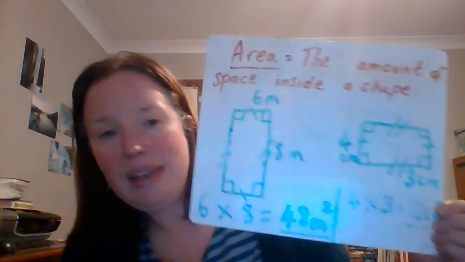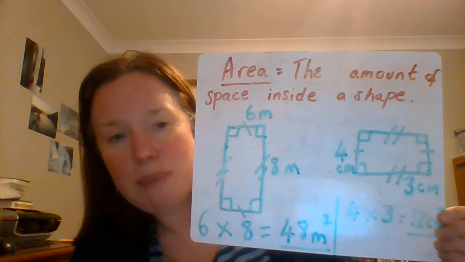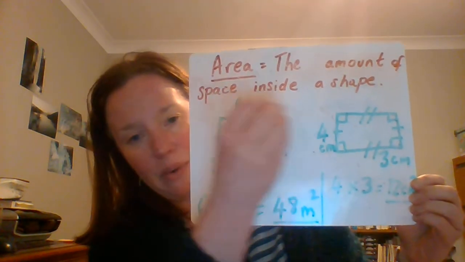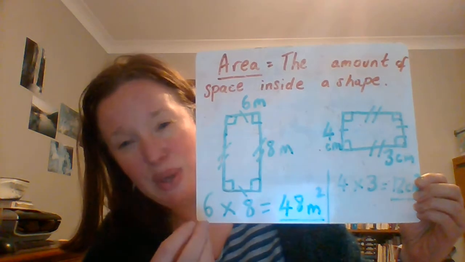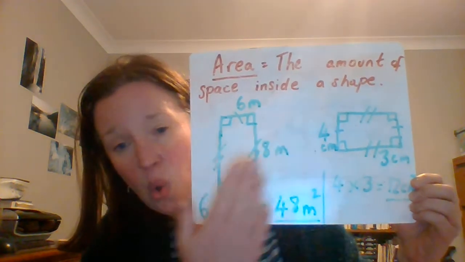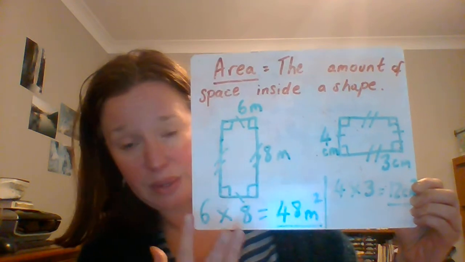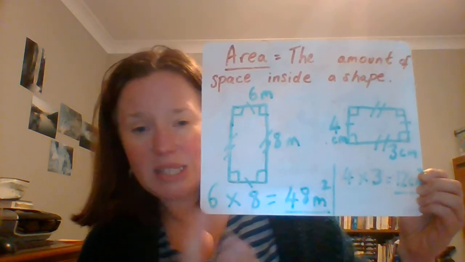Okay. So moving on to area. Area is the amount of space inside the shape. Remember, the perimeter is when you're walking around the edge of the shape, whereas the area is the whole of the internal space inside the shape. And we measure this slightly differently.